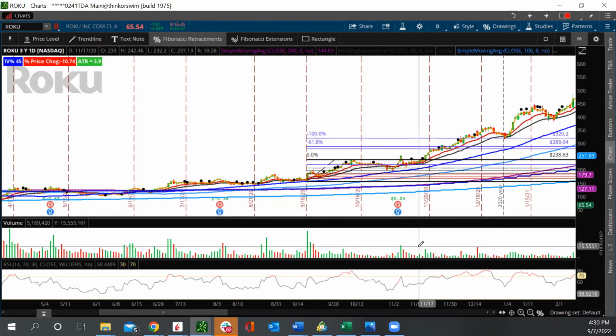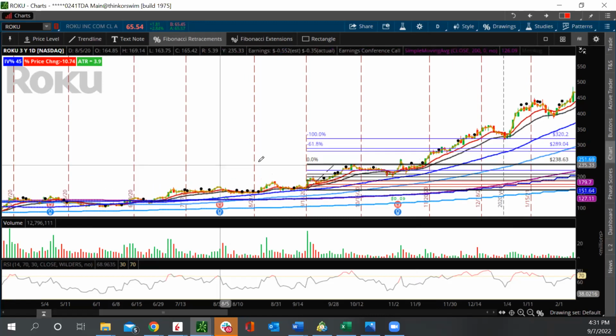It doesn't matter whether you're going long or short. Think of the level again as a zone. It's the 38.2, the 50, and the 61.8. That's all one zone. What I was saying was the stops are at the 78.6 level.